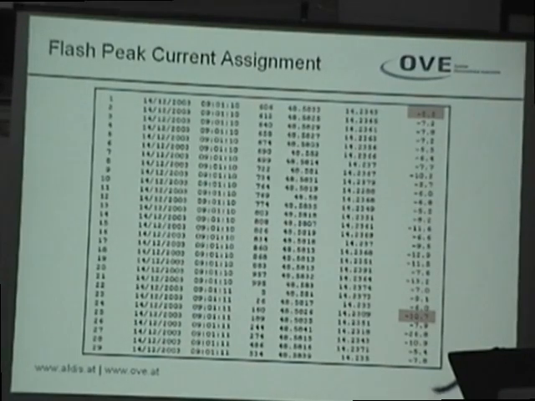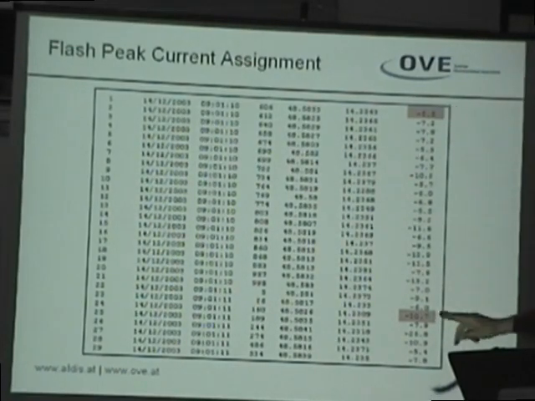This flash is not typical. It's not a typical downward flash, but it happens. It happens also for natural flashes, that the first stroke amplitude is smaller than the amplitude of a stroke in between.